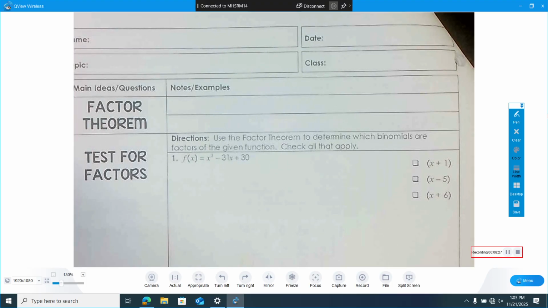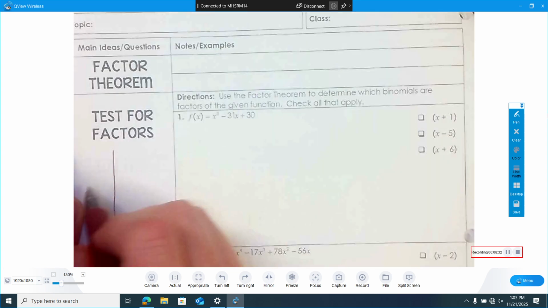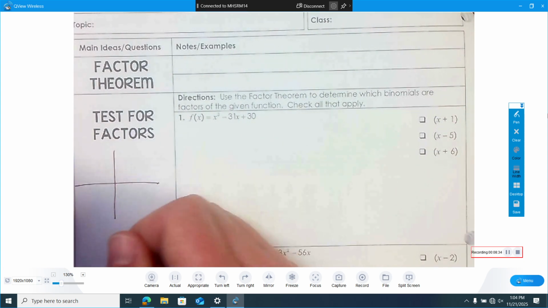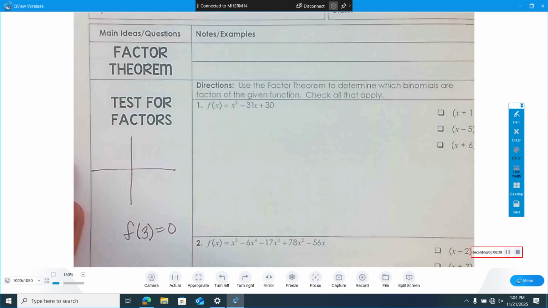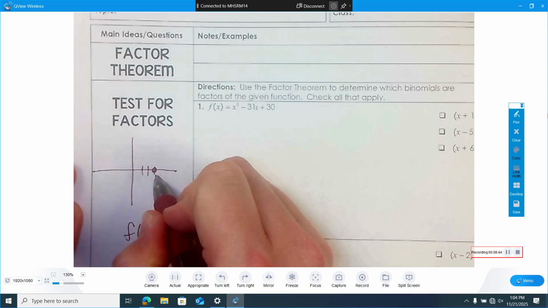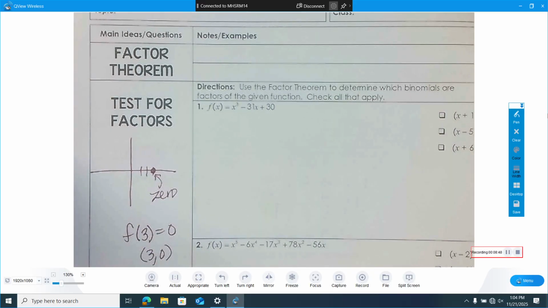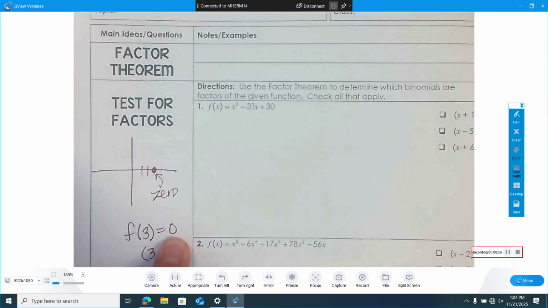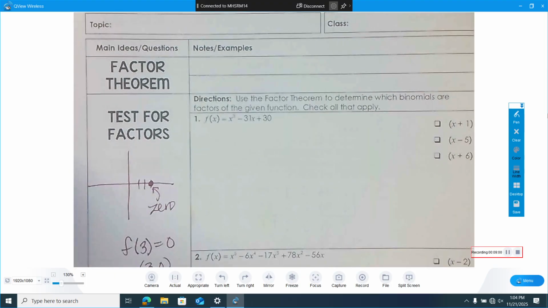But then it turns out when we have that remainder of 0, that's an ordered pair, and maybe we get f of 3 equals 0. Well, 3, 0 is an ordered pair, 1, 2, 3. It happens to be a 0 of our function, right? And so anytime we use that synthetic substitution and we get a remainder of 0, it turns out that that's giving us one of our factors, which is really nice.